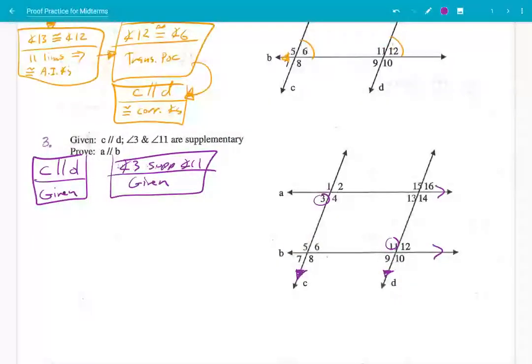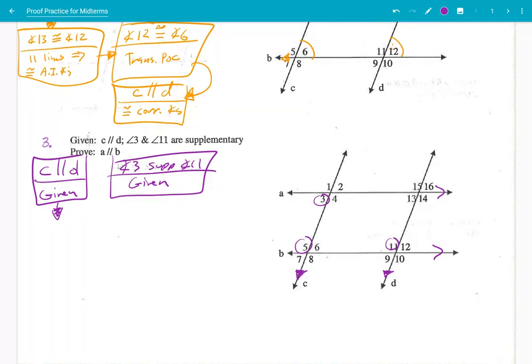Okay, let's get to this. So C is parallel to D. That means that we can say that 3 and 5 are supplementary. They are same side interior, which are supplementary.